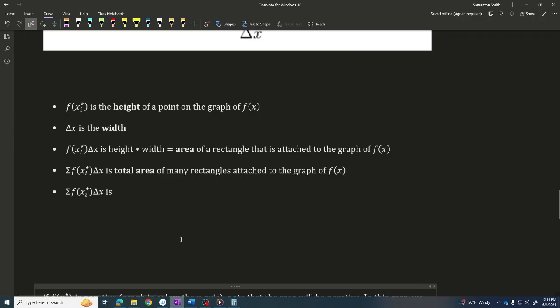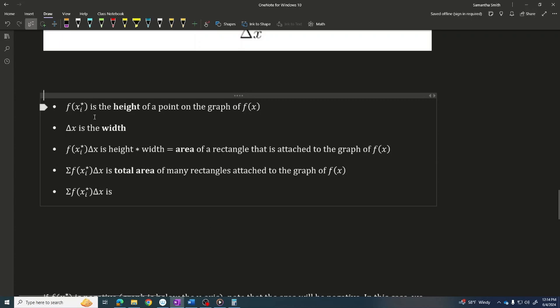Let's summarize that. In the Riemann sum calculation, f of x_i graphically represents the height of points on the graph of your function. Delta x represents widths between the points on the graph of your function.